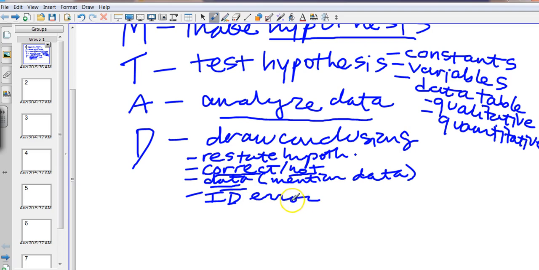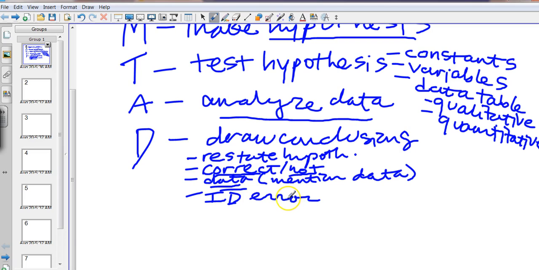Okay, so error, what is that? All the things that basically would have affected the outcome of the experiment. So let's say during your scientific experiment, you observed trial 1, and then your partner in your lab group observed trial 2, and then another person in your lab group observed trial 3.